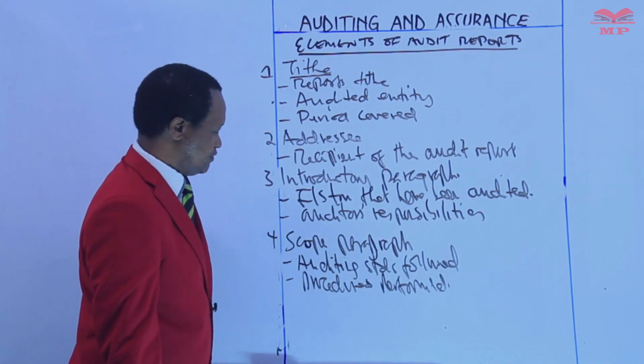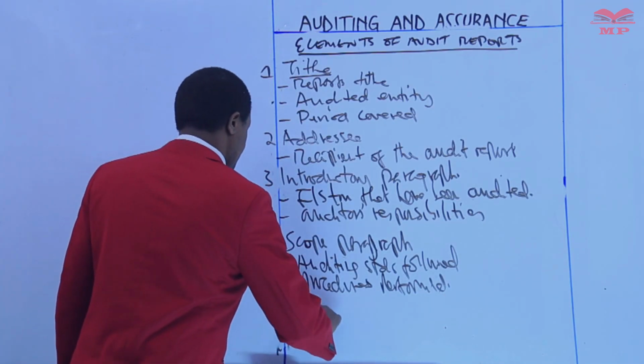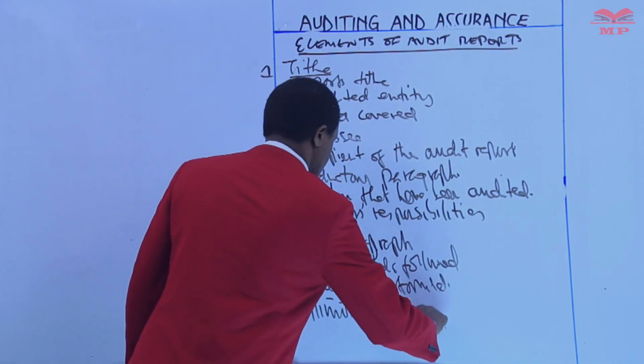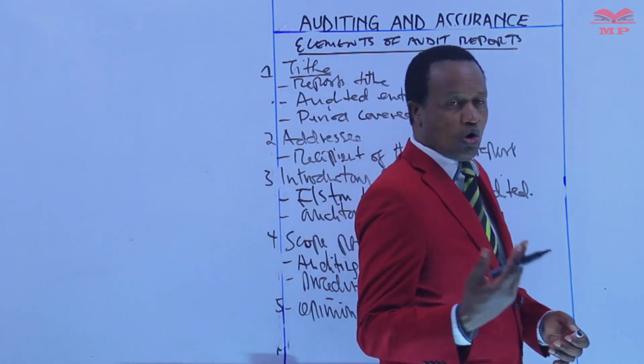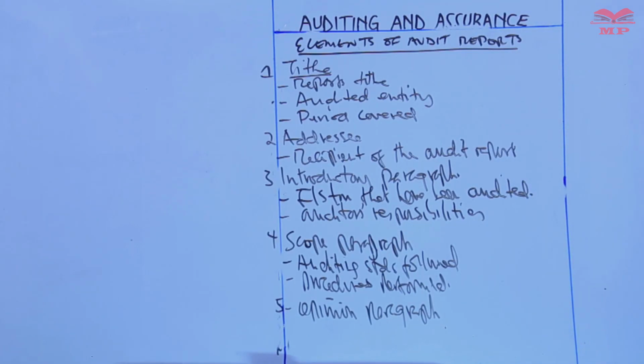Then we have the opinion paragraph. Now, this is the core of the audit report, where the auditor expresses an opinion on the fairness and accuracy of the financial statements.